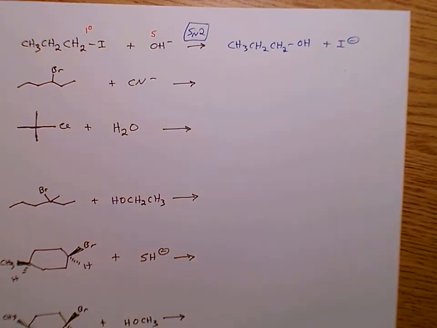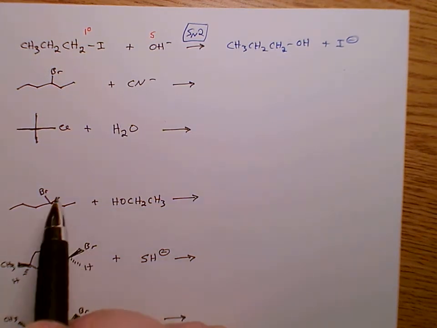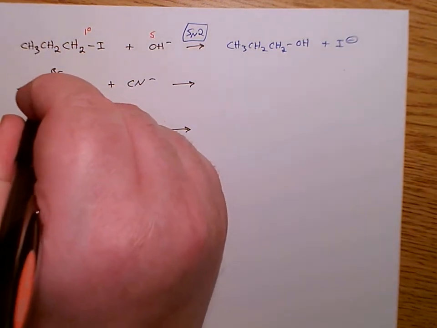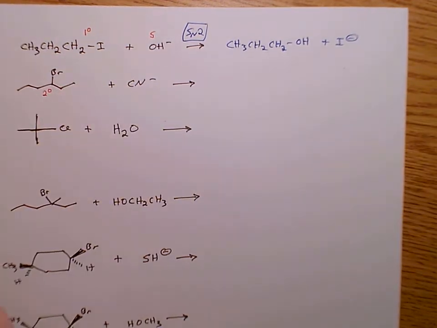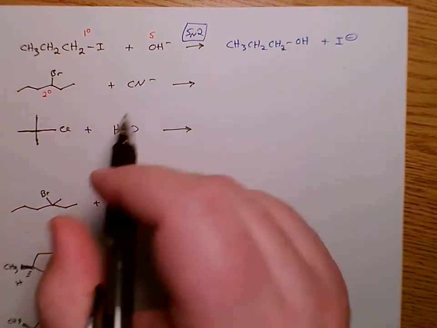Okay, let's look at the next one. What do we have here? First of all, we have a good leaving group. Yes, bromine's a good leaving group. Not a problem. So next question is primary, secondary, tertiary substrates. This is secondary. Secondary substrate, well, that can go either SN1 or SN2, so we haven't figured anything out quite yet.